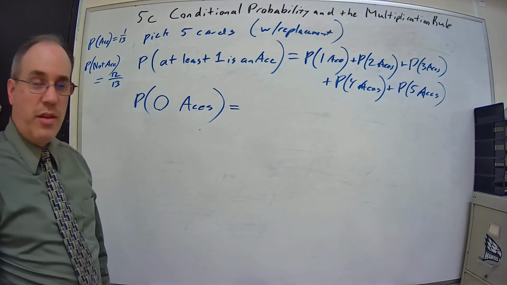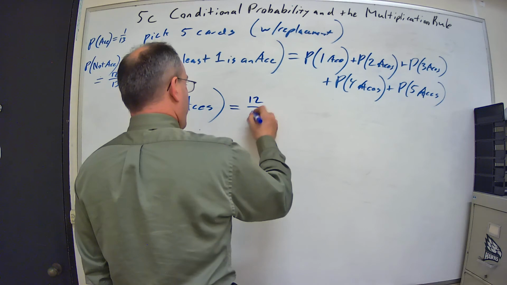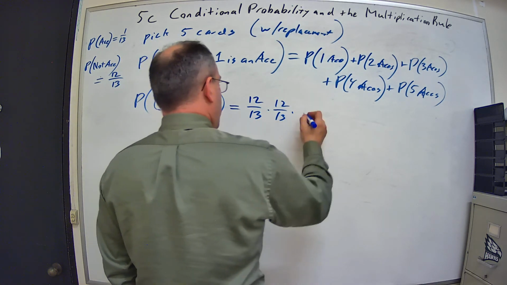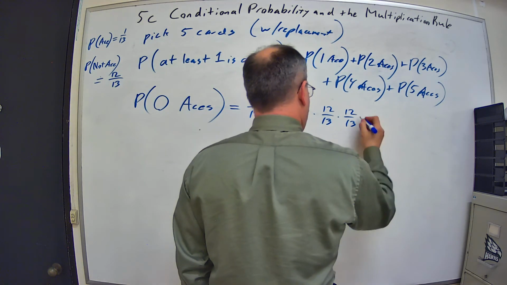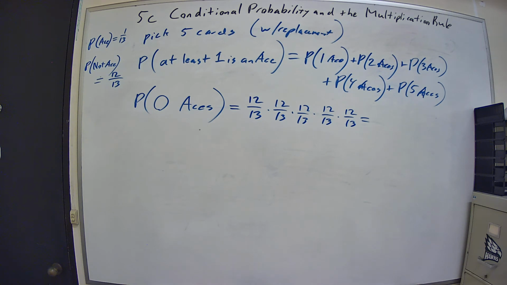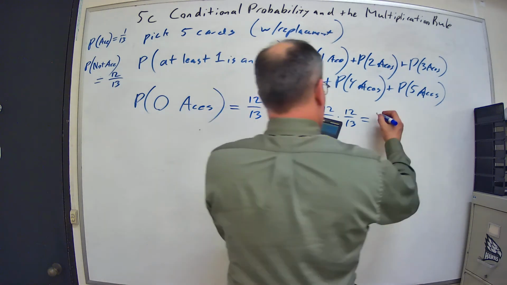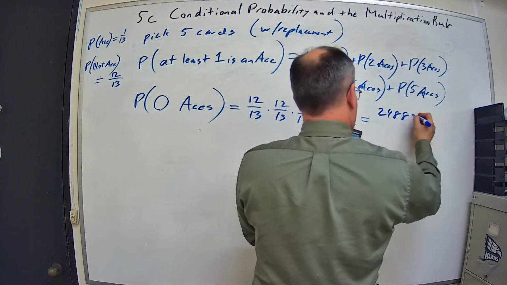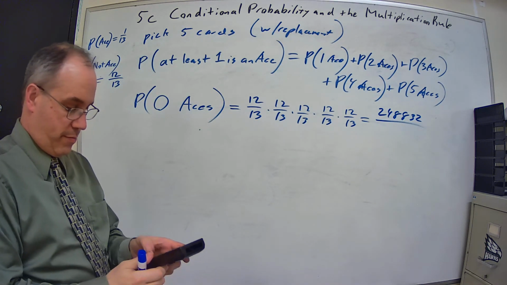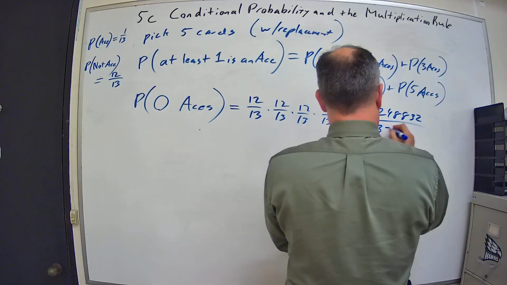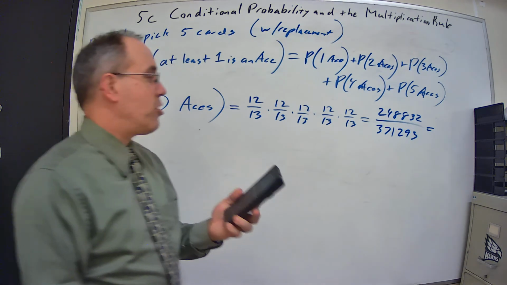It's what's left over. So if I want to find the probability that I don't get any aces, that's 12 over 13 times 12 over 13 times 12 over 13 times 12 over 13 times 12 over 13, which is 248,832 over 371,293, approximately 0.67.